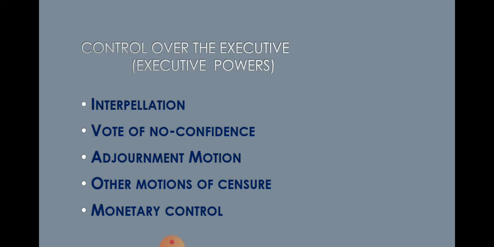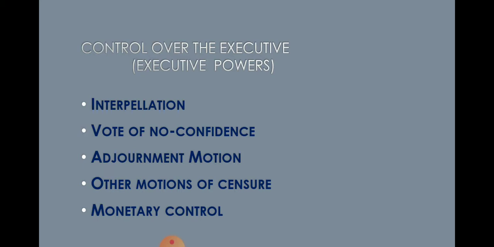Sometimes a question can be asked: explain the executive powers of the Parliament, or explain how the Union Parliament exercises its control over the executive. Executive means the Prime Minister and his Council of Ministers.